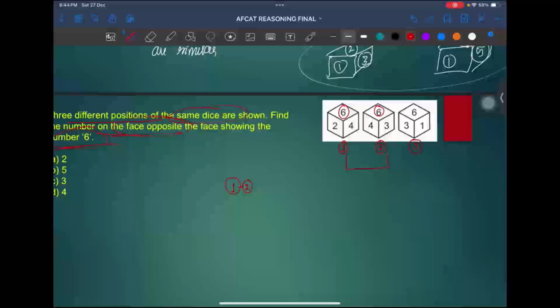And I need to check whether there is any other common number between them. If we have any other common number, then we need to leave either 1 or 2, and move on to the third one. So when we look into this 1 and 2, again we'll find that 4 is also a common number.